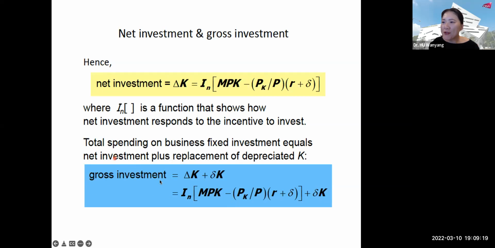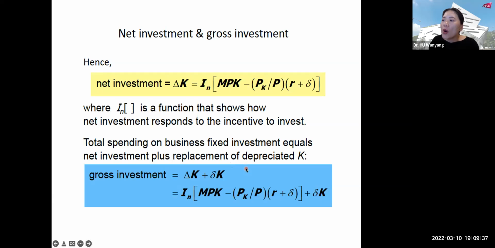So we have another concept in addition to the net investment. We call it gross investment. The difference is that when we look at the gross investment, we need to account for the depreciation of the capital.